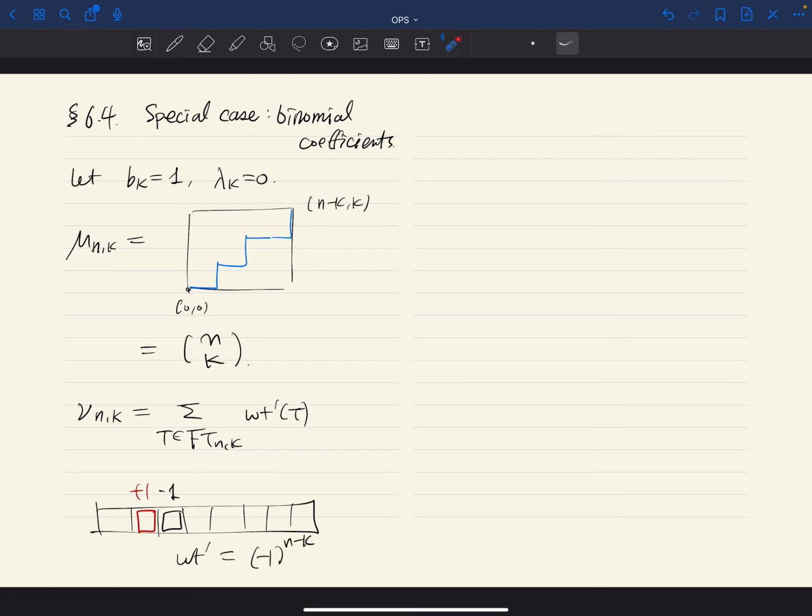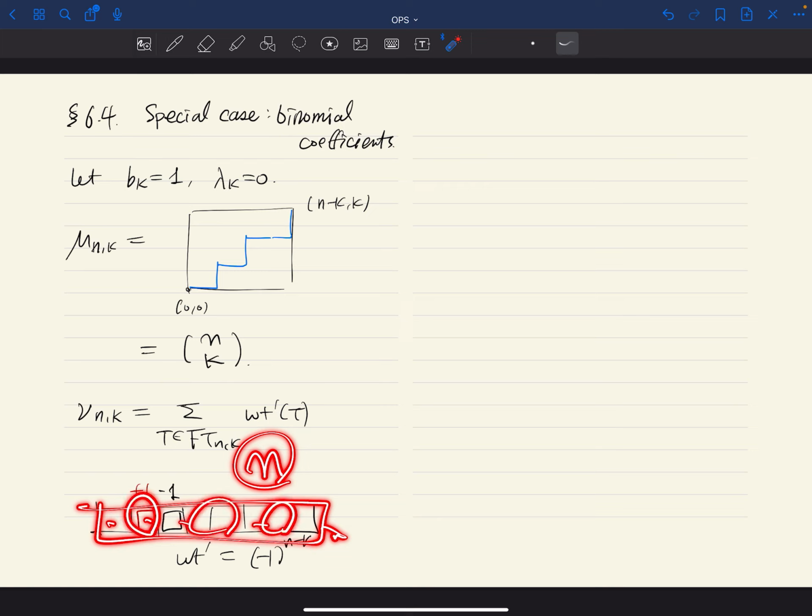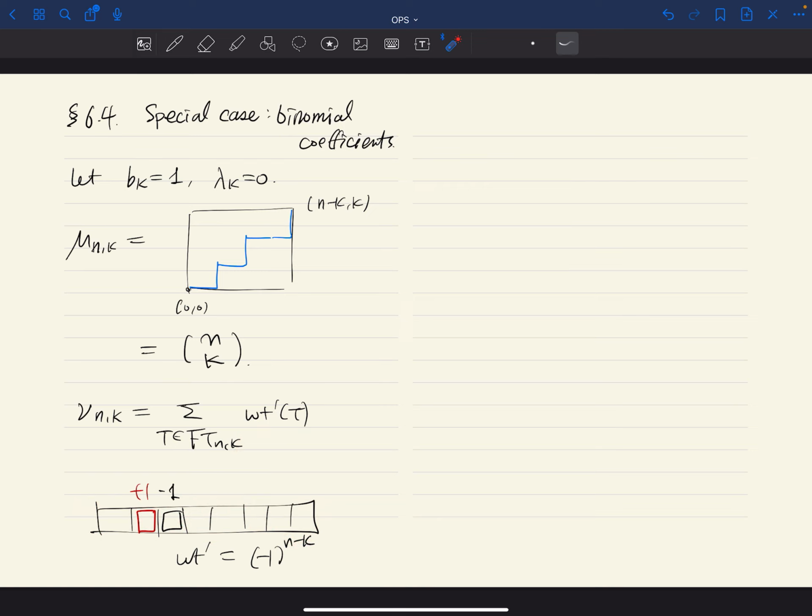The weight is always the same, so it's just minus 1 to the n minus k times the number of Favard tilings. But what is the number of Favard tilings? We have n squares, but we have to select k squares for red, and that will determine the remaining squares. So this is minus 1 to the n minus k times the number of Favard tilings, which is just n choose k.